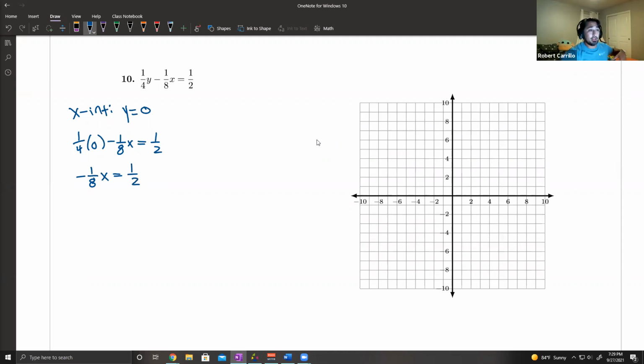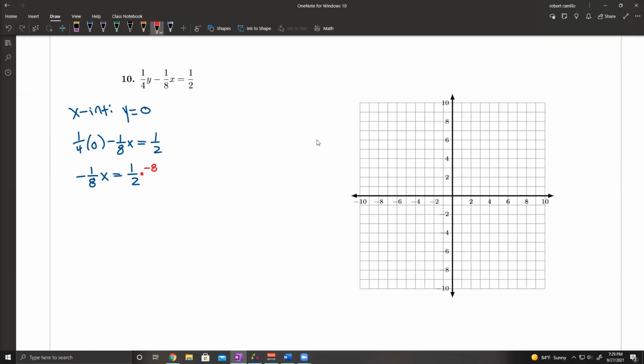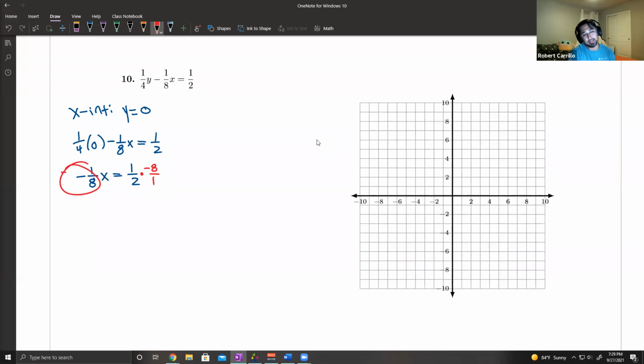So we have to get rid of that 1/8. We can divide by 1/8, or we can multiply both sides by the reciprocal. What is the reciprocal of negative 1/8? 8/1. Good. Just negative 8/1. And we're going to make it negative so the x over here can become positive.